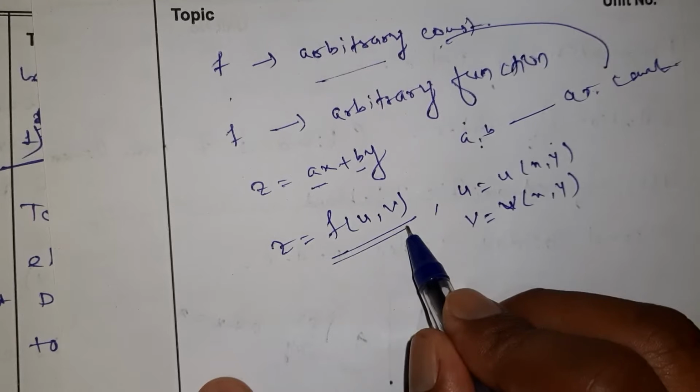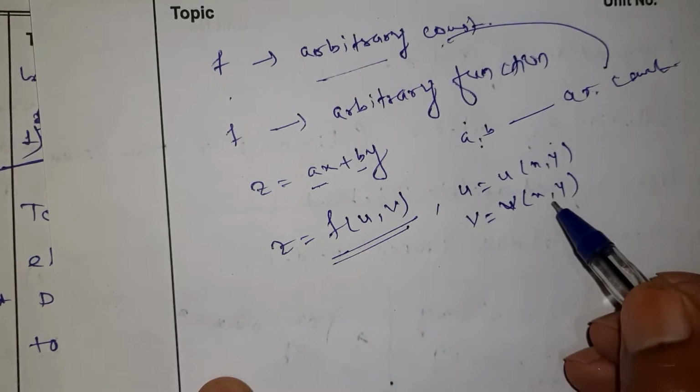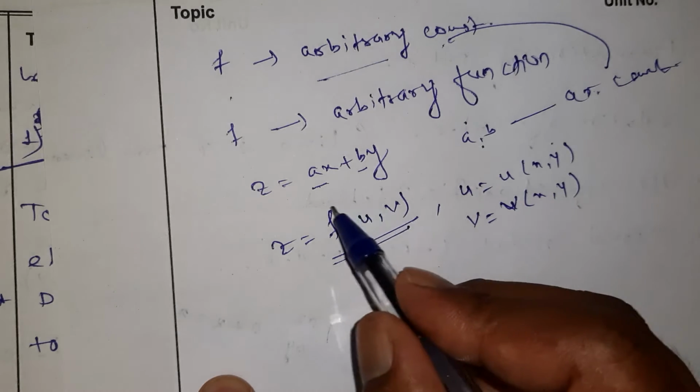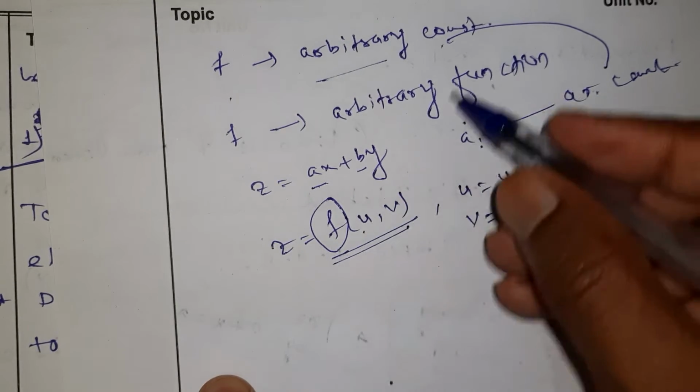If this function appears, z is a function of x and y only. There is no arbitrary constant. This is an arbitrary function, f comes. Are you getting the difference?